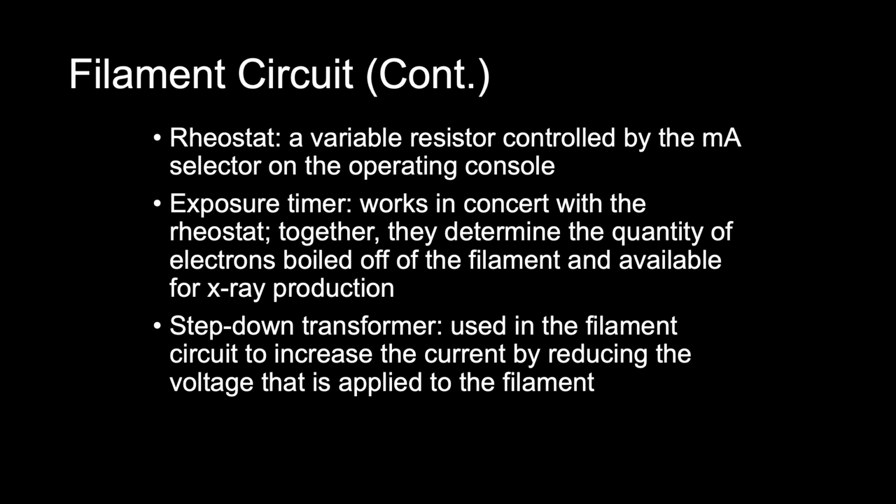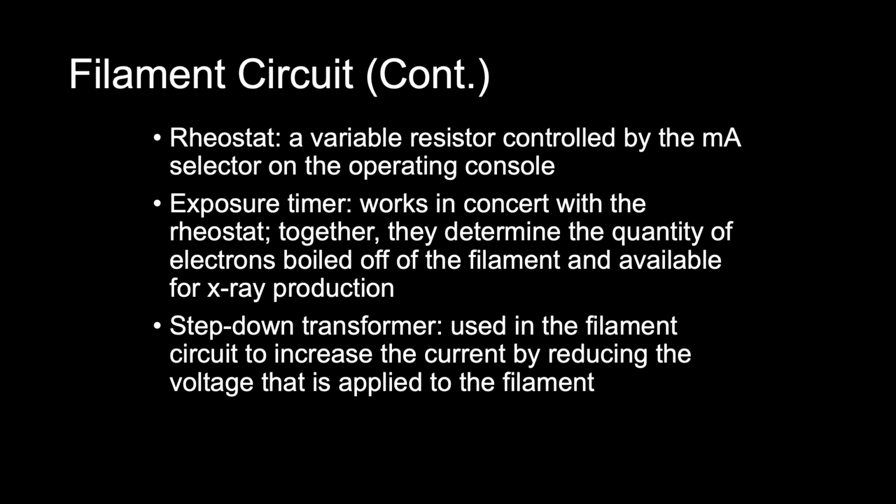The MA parameter is called tube current because it reflects the rate of flow of electrons passing through the X-ray tube during the exposure. When the RT adjusts the milliamperage on the operating console, he or she is adjusting this rheostat and the amount of resistance in the filament circuit.